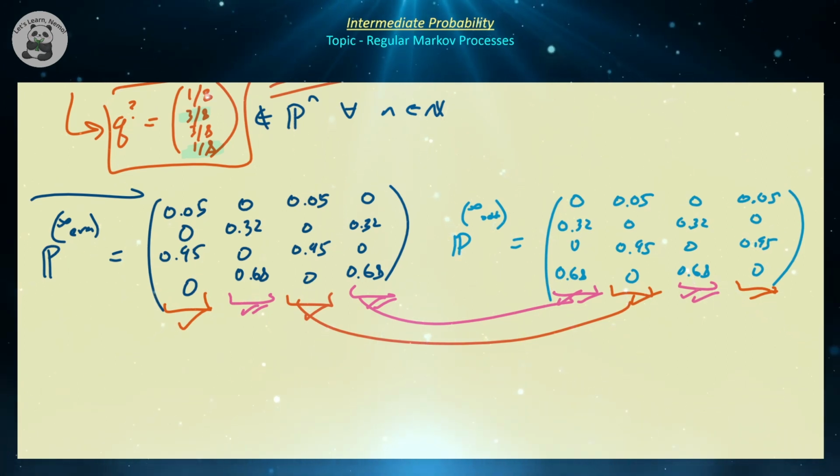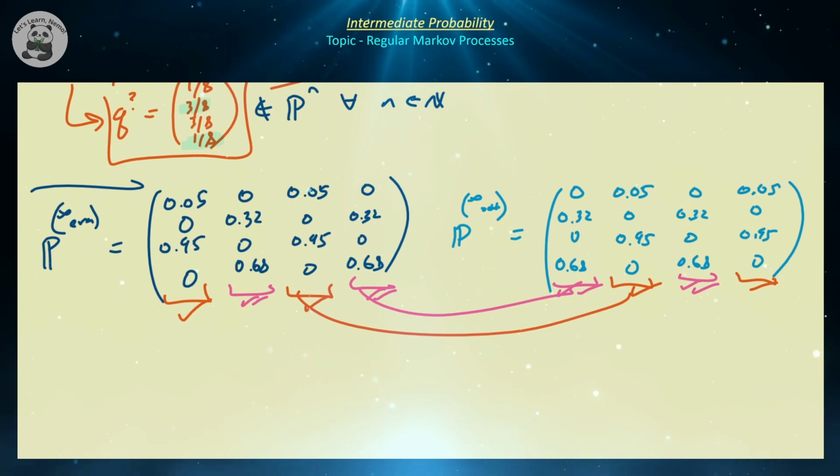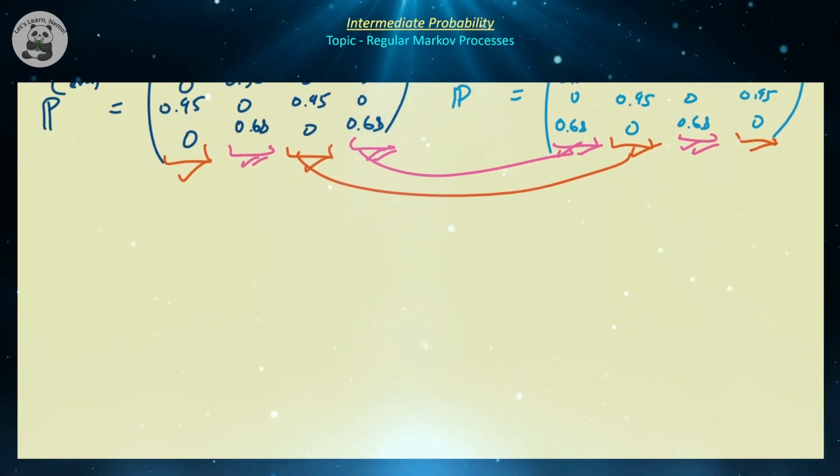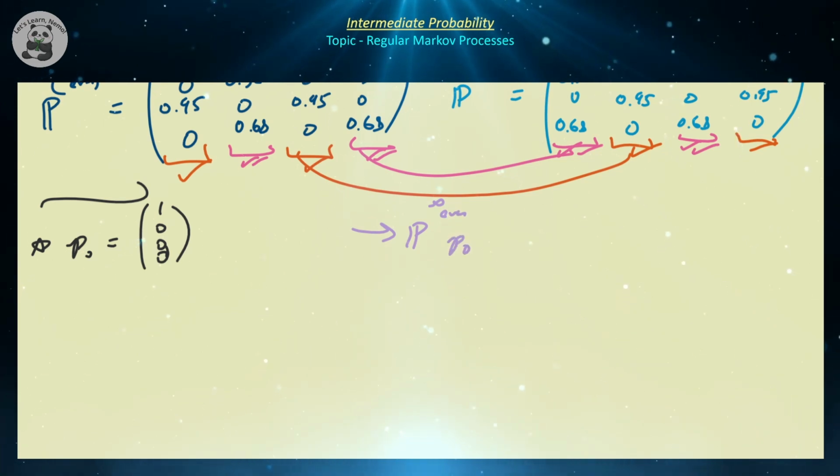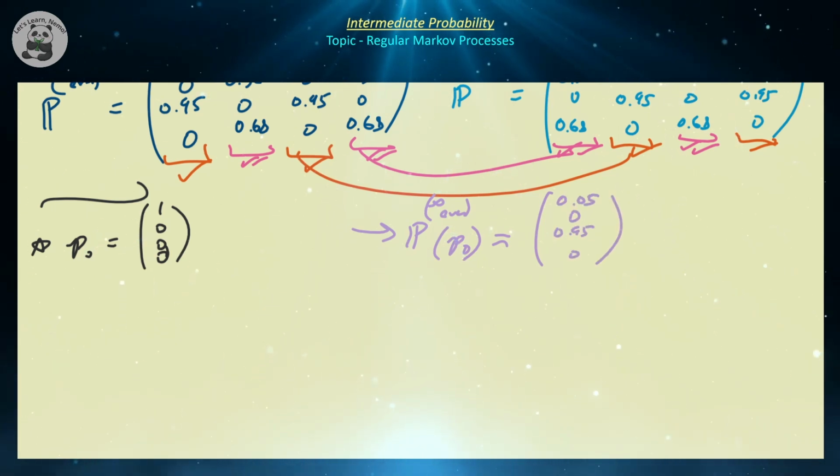So what about the limiting distributions depending on your initial conditions? If you start off in state 1, where are you guaranteed to exist? Let's take a look at that. Let's suppose that P0 is equal to 1, 0, 0, 0. So we start in state 1, which means we have 0 particles on the left side for the Ehrenfest process. What you're actually going to see for this particular relation is that P infinity even of P0 is approximately equal to 0.05, 0, 0.95, and 0.